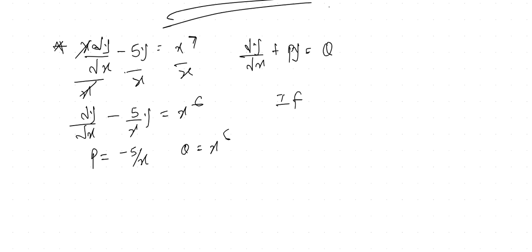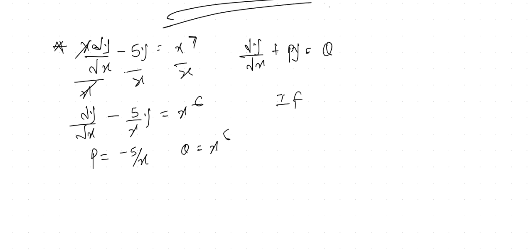Therefore, y over x raised to the power of 5 equals, when you integrate that, x raised to the power of 2 over 2, then plus c. Okay, you can leave your answer like this, or you decide to cross multiply.